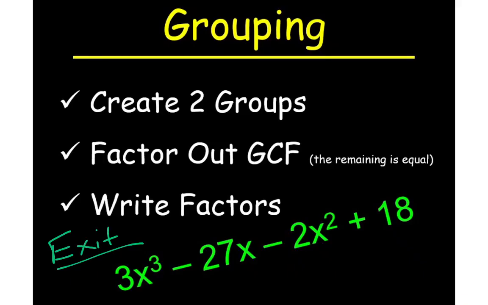If you were in class, you would do this problem as a little exit ticket. You want to do the same thing that your classmates are doing. So see if you can use the grouping method one more time here on your own to factor 3x cubed minus 27x minus 2x squared plus 18.